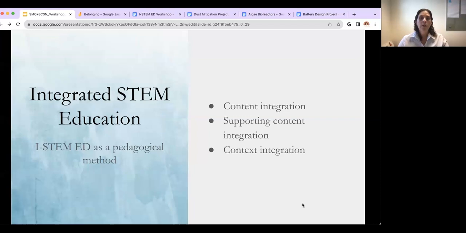Supporting content integration could come through things like design challenges. If I gave you the context of an environmental issue, could you use technology or engineering to support understanding of science or mathematics? And then context integration is where that application comes into play. In other words, setting the stage for disciplinary exploration of whatever our discipline is, by using technology and engineering to deepen our understanding of it.